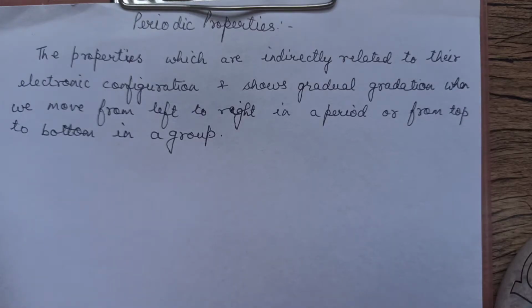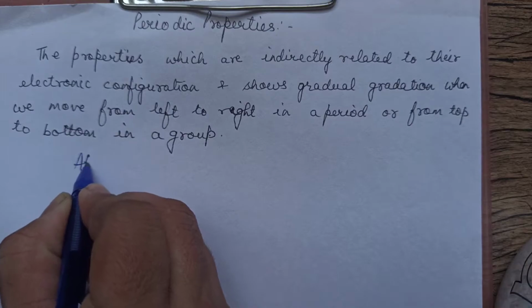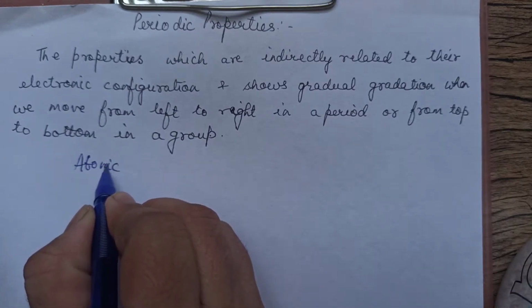Though when we talk about an individual group or period, you may find some exceptional cases also. But when we discuss individual properties and groups, we will talk about it. Right? So I am considering the first property, that is atomic radius.